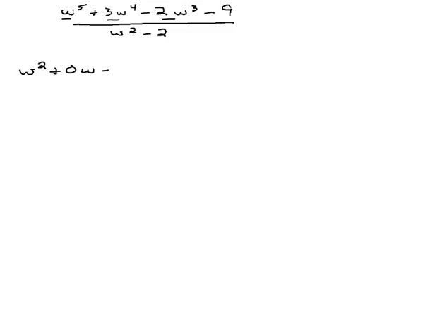Plus 0w minus 2 goes into, and in the dividend, what we're dividing into, we'll do the same thing. We start with w to the fifth power plus 3w to the fourth power minus 2w cubed.